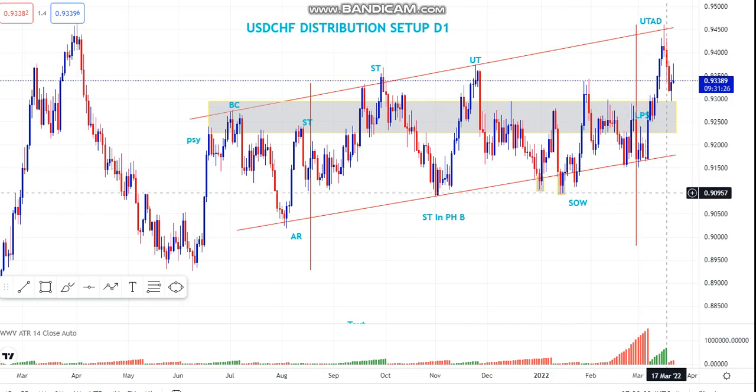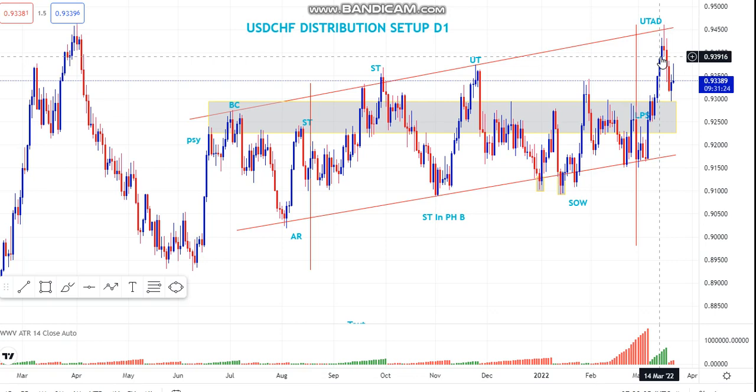C. In phase C we have upthrust after distribution. This is the point you have to study, and I will explain it in my video. So in distribution we have upthrust after distribution.